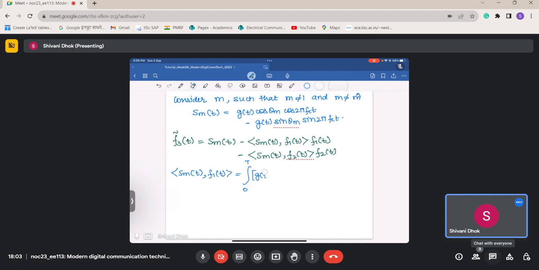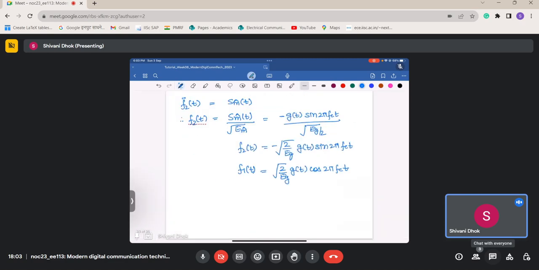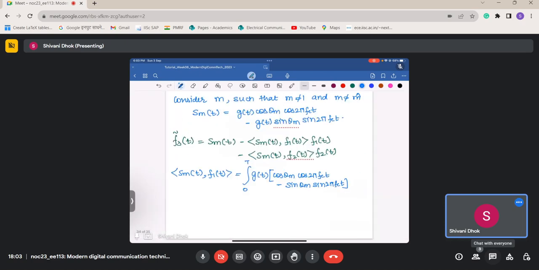I can take this gt outside, this is common. gt cos theta M cos 2 pi fct minus sin theta M sin 2 pi fct, and the first basis is under root 2 by Eg gt cos 2 pi fct. So this will be multiplied by under root 2 by Eg gt cos of 2 pi fct dt.